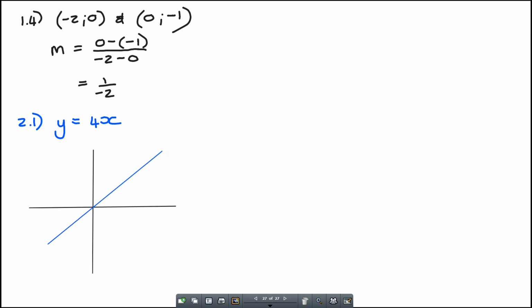And then all I want is a few coordinates. So you could have had x is 1, y is 4. Or x is 2, y is 4. Or if you want negative values, x is -1, y is -4.